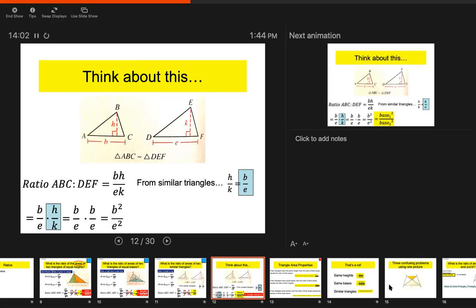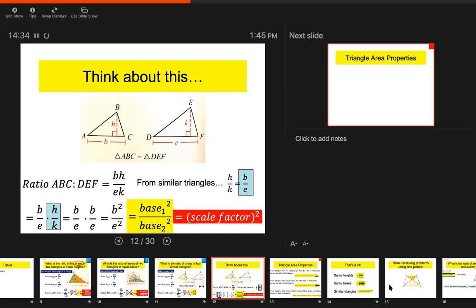In other words, you take H over K. Anytime you have one part of a similar triangle that corresponds to the other one, you write them as a ratio, and it's a scale factor. So this right here is the scale factor squared.